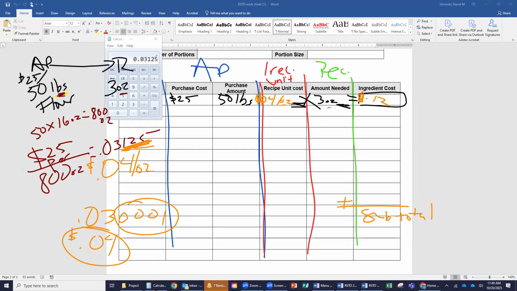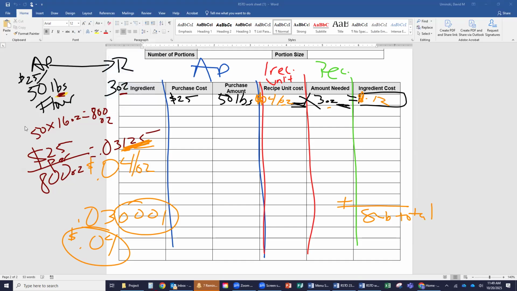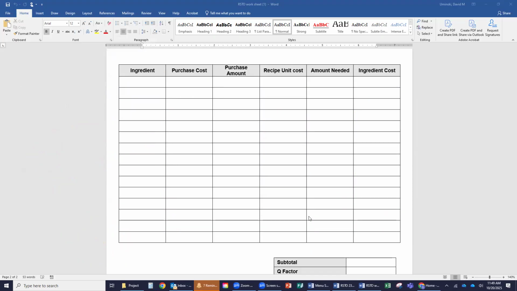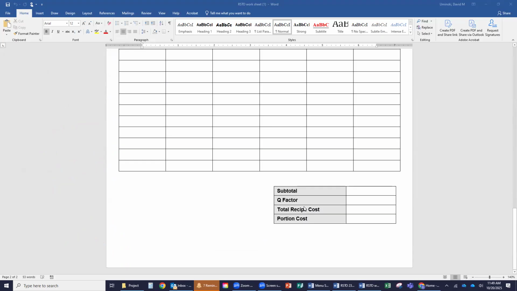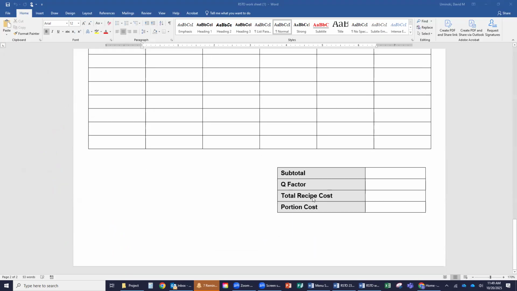This is for the whole recipe. At the end, we'll talk about how we factor in the yield. So then we're going to add up our subtotal. That's basically all the ingredients added up.